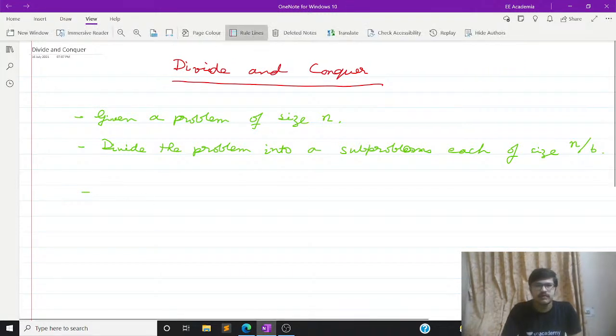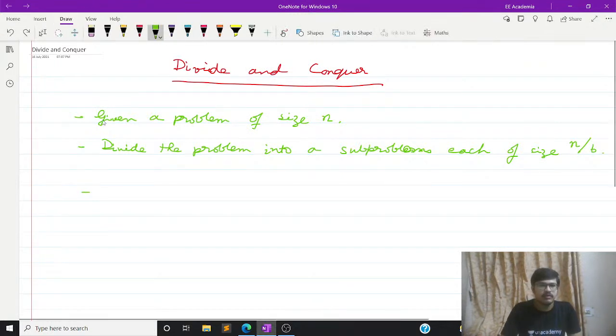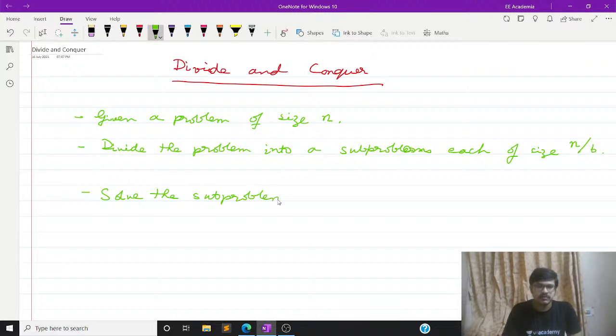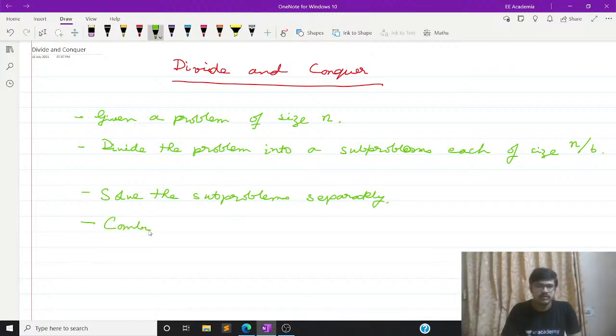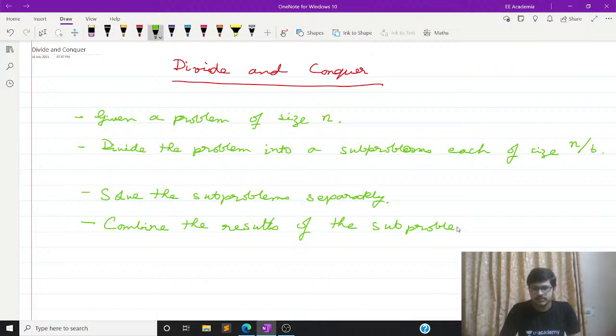Now we want to solve the subproblems separately, and the final step would be to combine the results of the subproblems and get the answer to the problem.